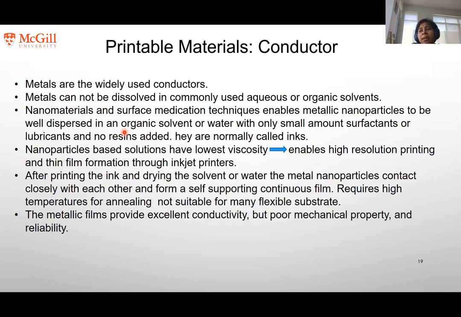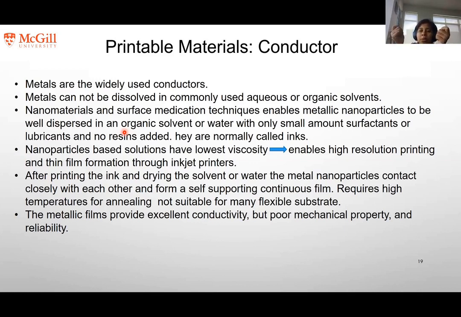And as we know, many flexible substrates cannot really withstand high temperature. So as I said, some of these inks are not suitable for many flexible substrates, something like PET. The benefit of using metallic films is they provide high conductivity, but you'll see later they have poor mechanical properties.